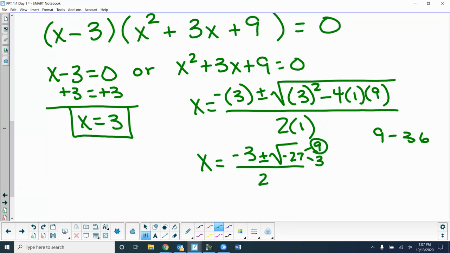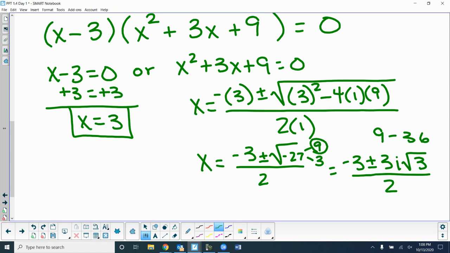So I can pull the 3 out because of the 9. Since it's negative, what else do I pull out? The i. That 3 is left underneath. And then 2 is my denominator still. So there's my other two answers.